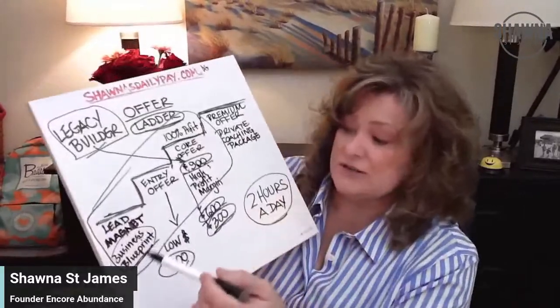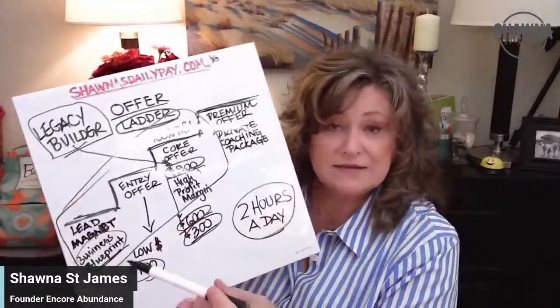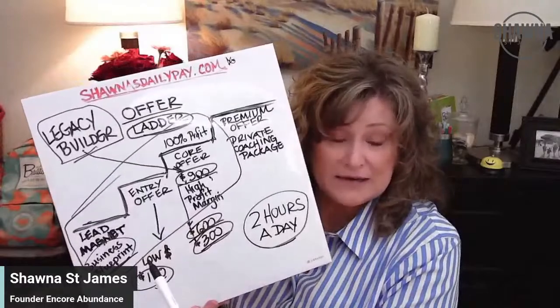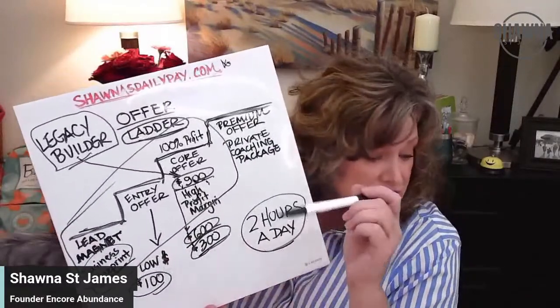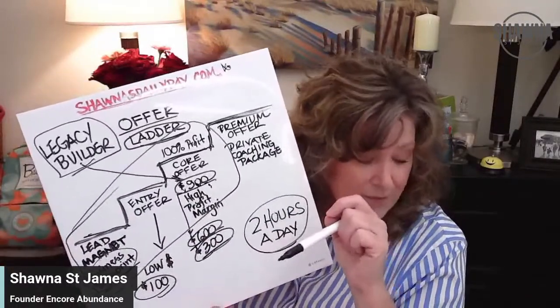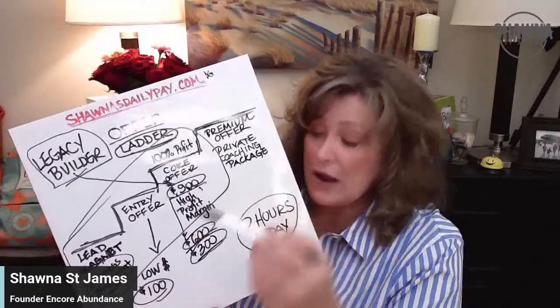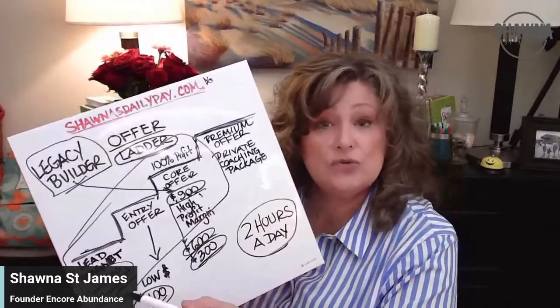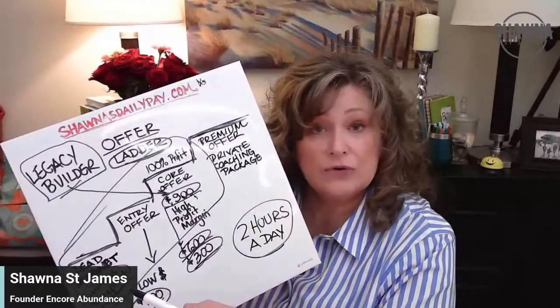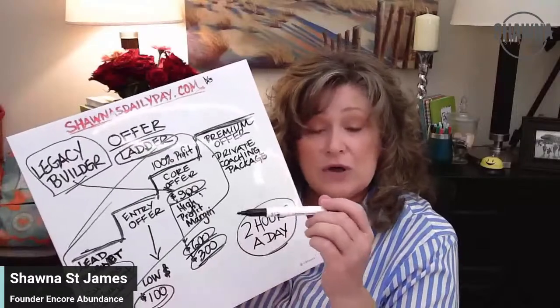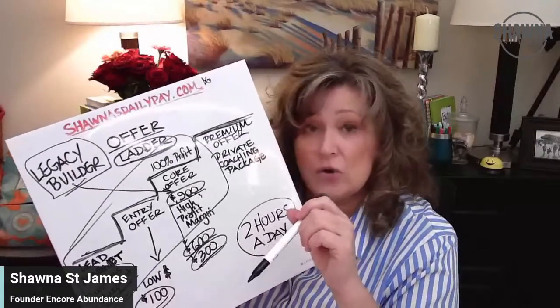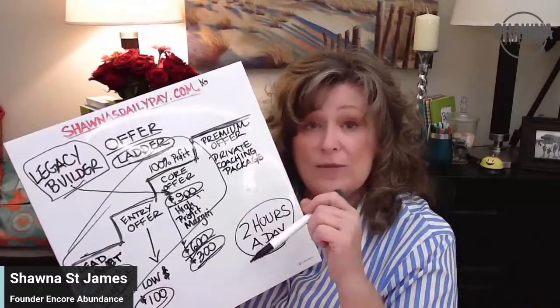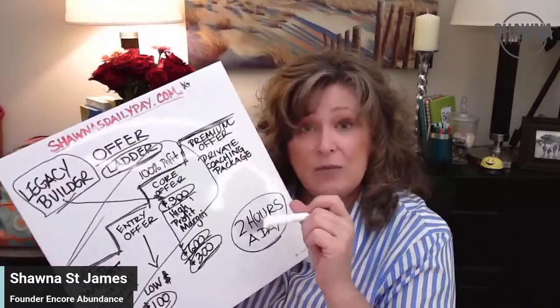And it all starts with building that email list, having that lead magnet. So the key here I want you to think about is, what lead magnet could you offer that's going to really pique your customers' interest and pull them in to where they're like, heck yeah, I want that. That's going to really help me.